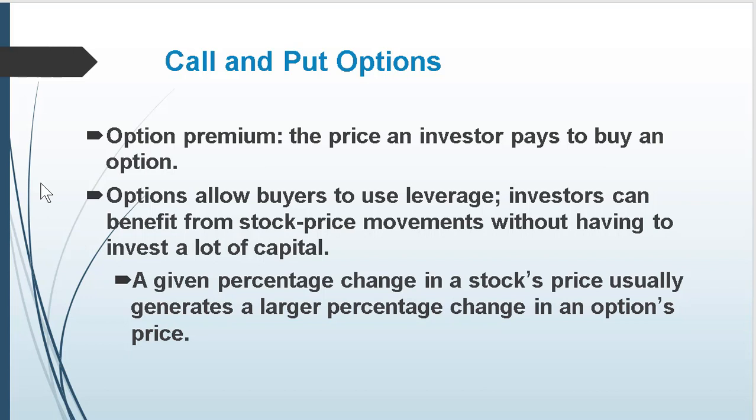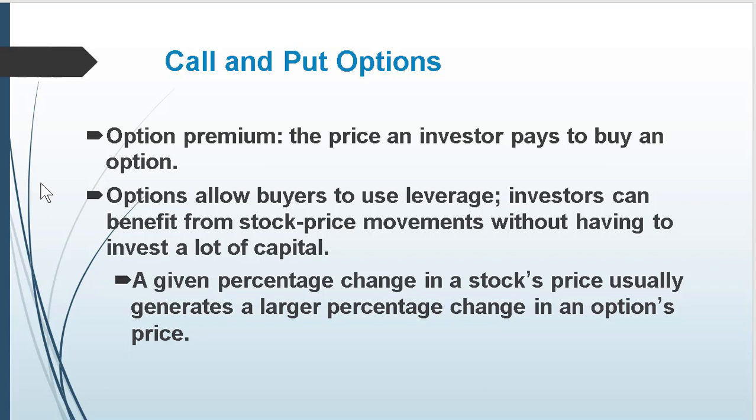And again, an option allows buyers to use leverage. So what do we mean by leverage? The option is going to move in value the same way the underlying asset is going to move, but the difference between the two is the price. Imagine you could buy a stock for $100. If that stock were to go up by $10, you'd make 10%. But what if you could buy a call option for a stock with a strike price of 100, but it has a premium of $1?